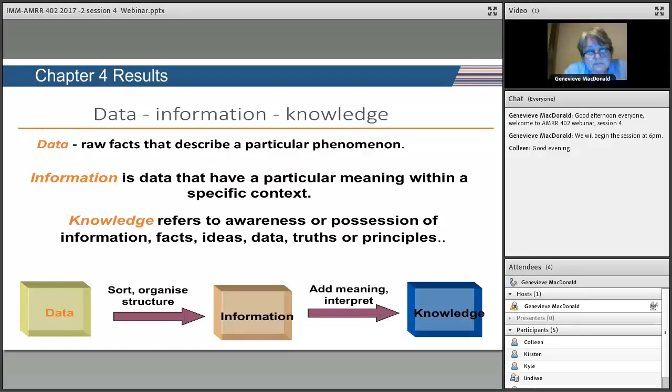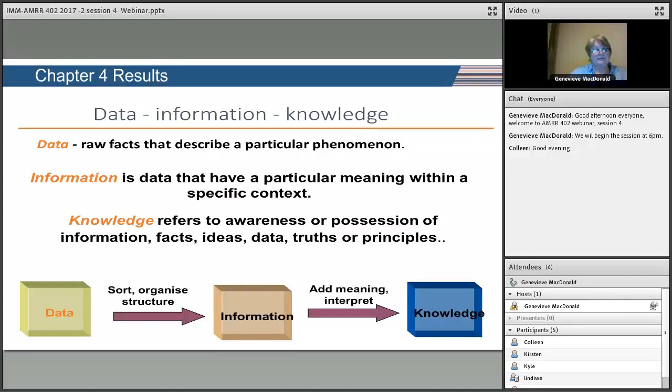Data versus information versus knowledge. Data is the raw facts that describe particular phenomenon, whether it's in your survey and whether it's the results from a focus group or interviews. That is a raw data that you've got there. If you've now sorted it into a specific context, that becomes information. So it has a particular meaning within that specific context.